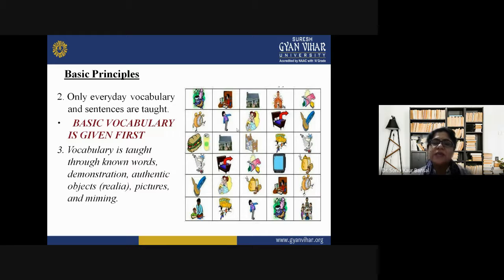These are some basic words which a student must remember and recognize. This is what we want you to be enabled to do as a teacher, that you are going to teach your students basic vocabulary first. All right. So this is all about it.